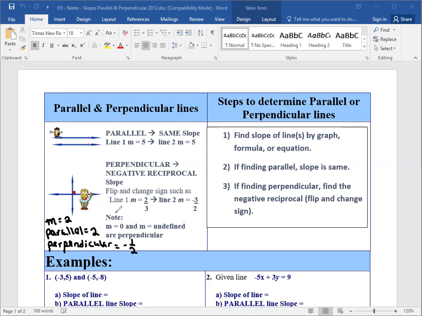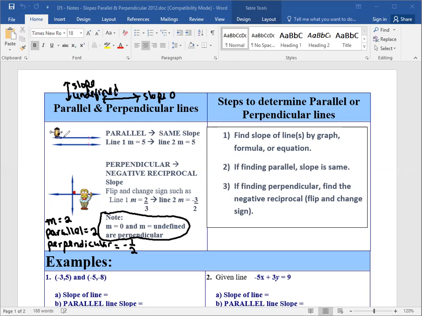This note right here is very important. It says that a slope of 0 and an undefined slope are perpendicular to each other. A slope of 0 is a horizontal line like this, and a vertical line like this has an undefined slope.